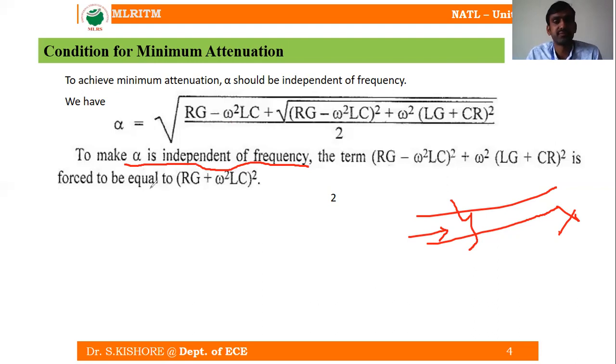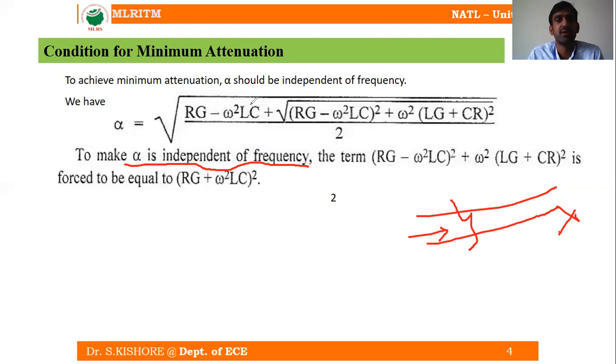To make alpha independent of the frequency, closely observe this equation: we have Rg minus omega square Lc here. To make this independent of frequency, the omega square Lc should get cancelled.